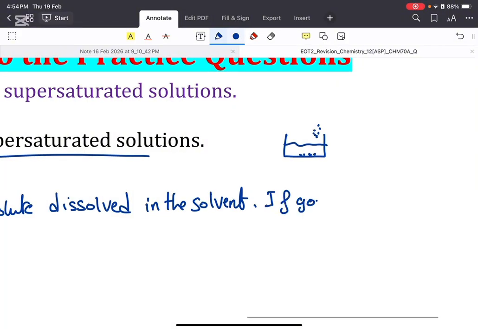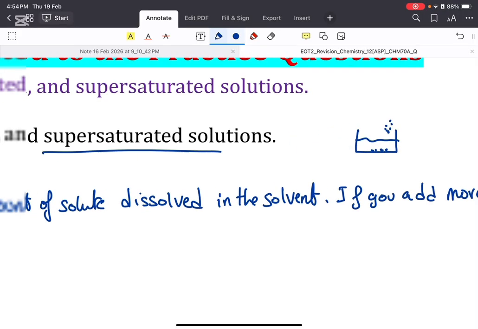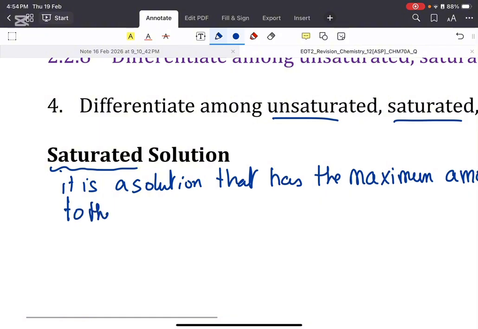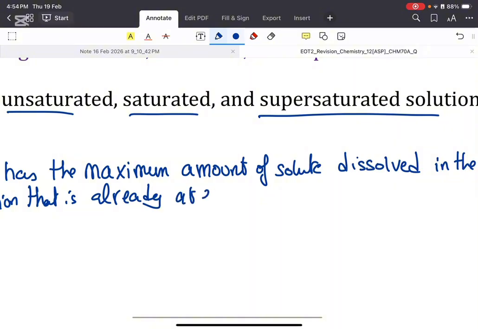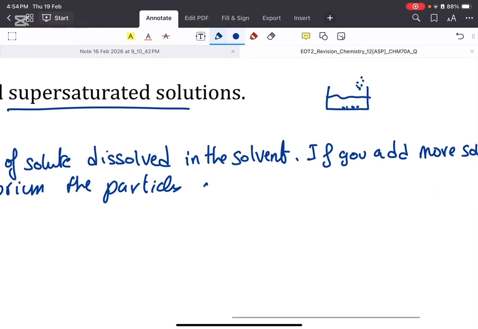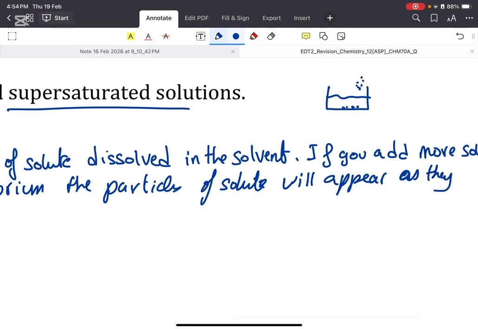So if you add more solute to this saturated solution that is already at equilibrium, the particles of solute will appear as they can't dissolve.